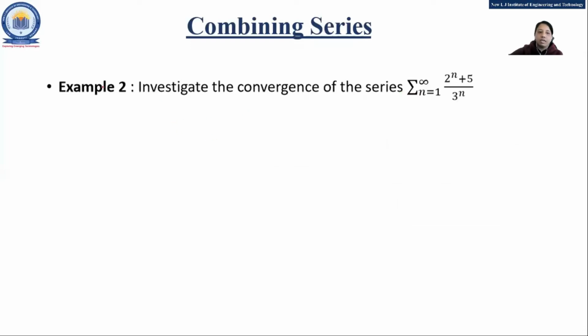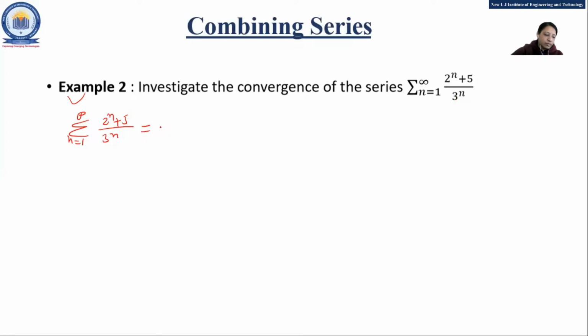Okay, fine. Now the next example for the same one, combining series: 2 raised to n plus 5 upon 3 raised to n. So first we will rewrite it: summation n equal to 1 to infinity of 2 raised to n plus 5 upon 3 raised to n.